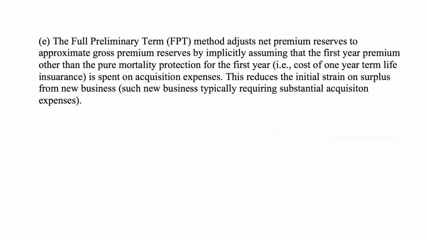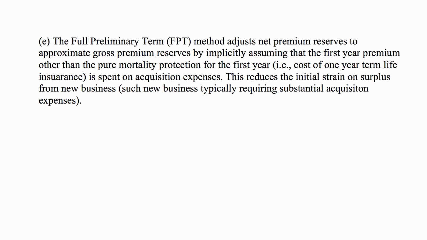The full preliminary term method adjusts net premium reserves to approximate gross premium reserves by implicitly assuming that the first year premium, other than the pure mortality protection for the first year, so the cost of 1 year term life insurance, is spent on acquisition expenses. It basically creates an expense allowance from what would normally be level benefit premium or level net premium part that doesn't cover the mortality in the first year.